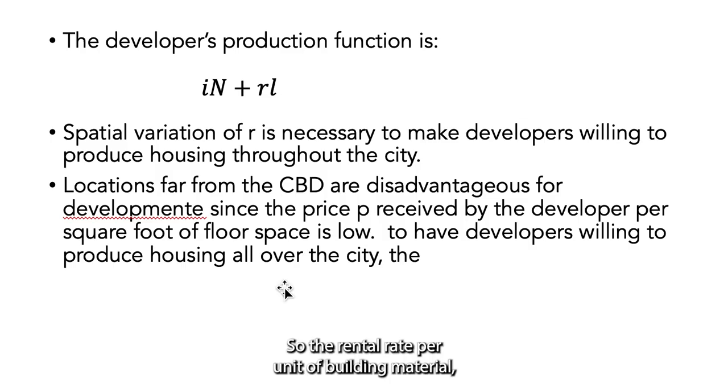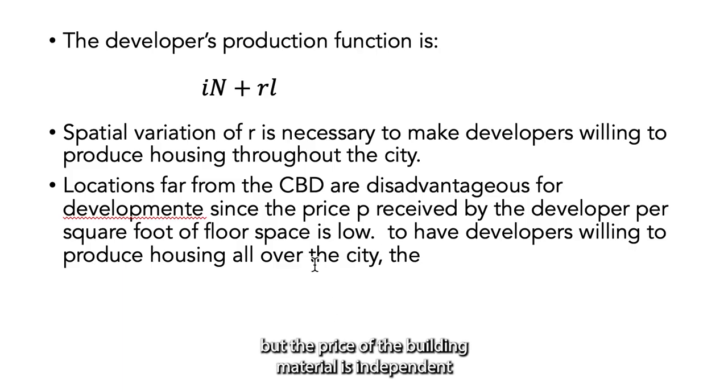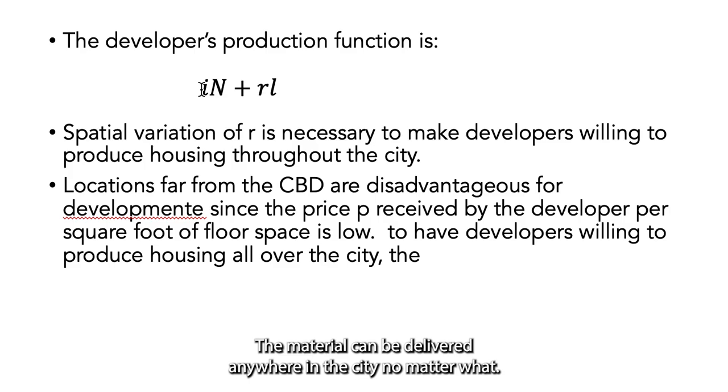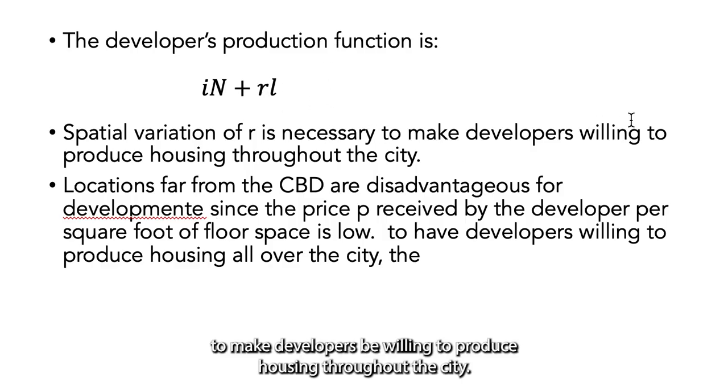So the rental rate per unit of building material, sometimes it's constant, but the price of the building material is independent of where the structure is built. The material can be delivered anywhere in the city, no matter what. That's why it's constant. Then we need that R varies to make developers be willing to produce housing throughout the city.